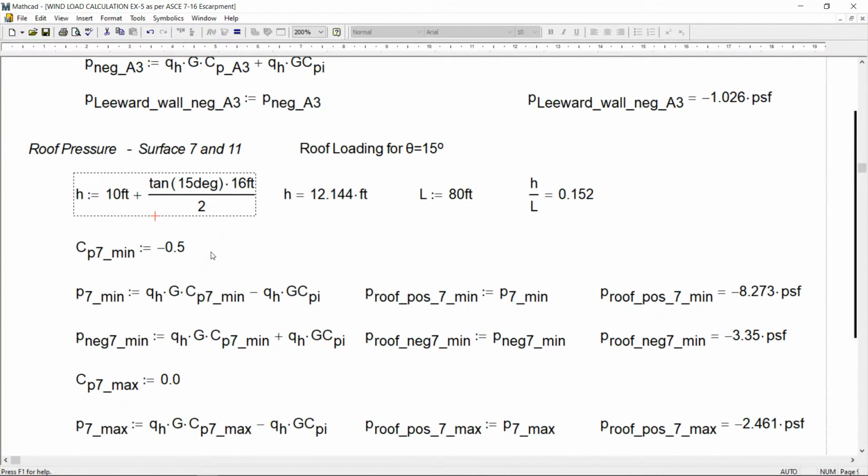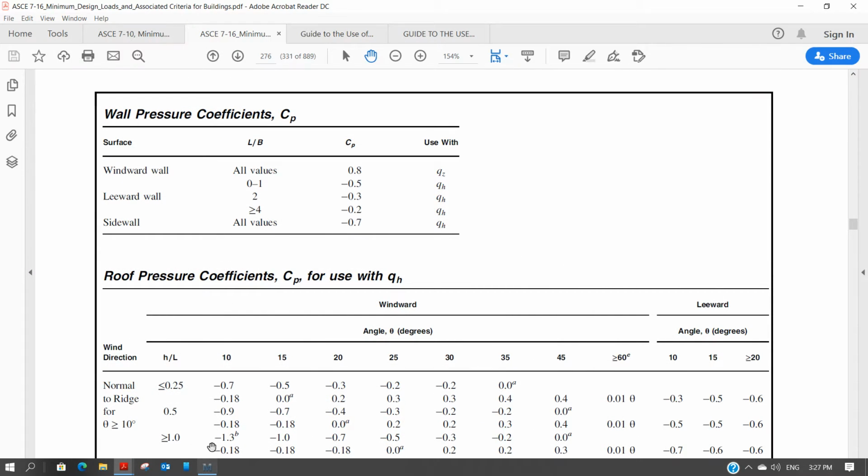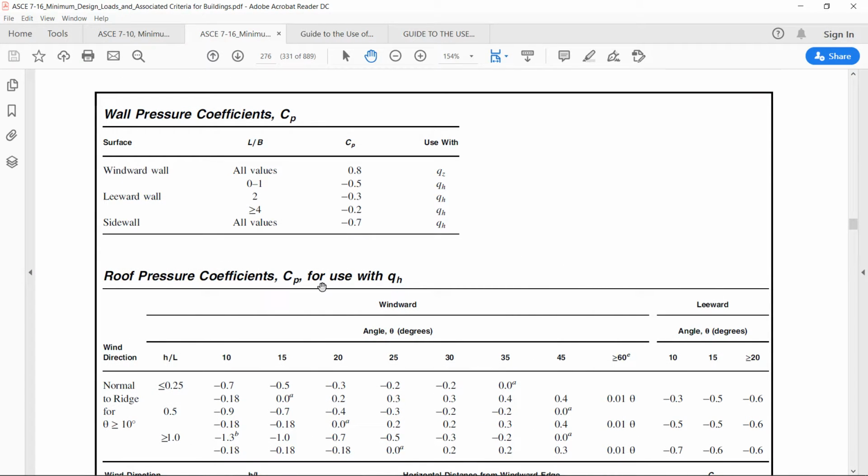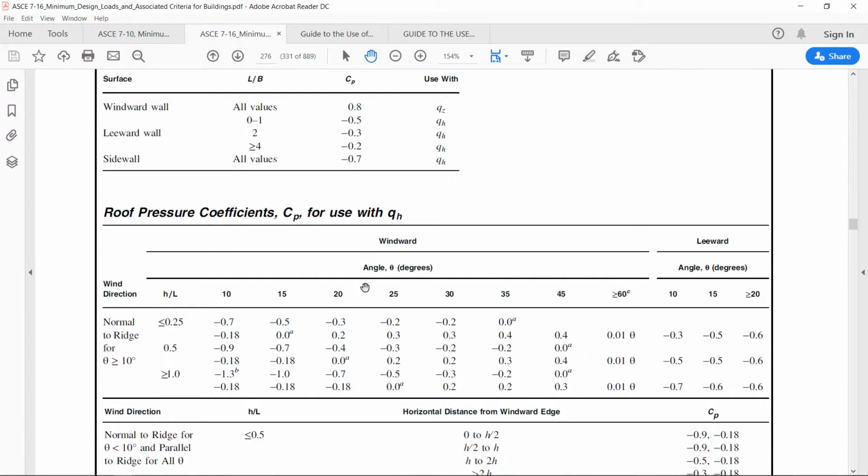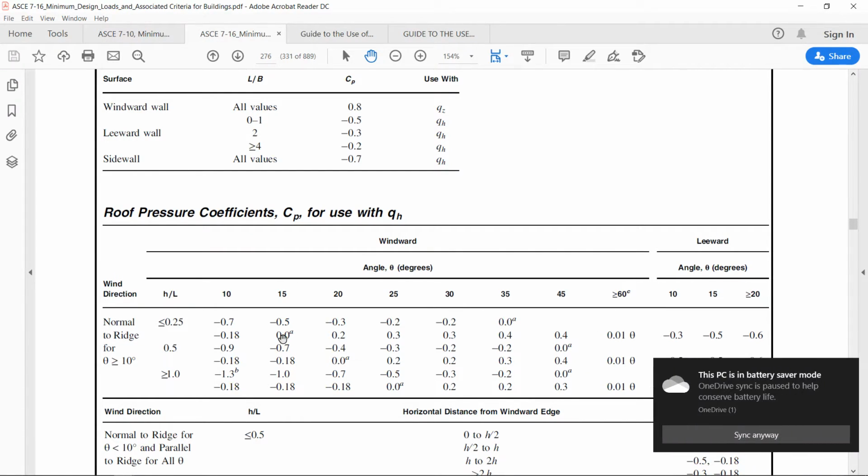So going back to the table, roof pressure coefficient Cp for use with QH, windward side, H upon L is less than 0.25. If the angle theta is 15, the value comes out to be 0.5. And the other value, the minimum value, is 0 also.